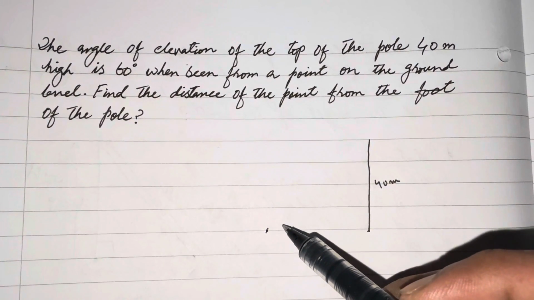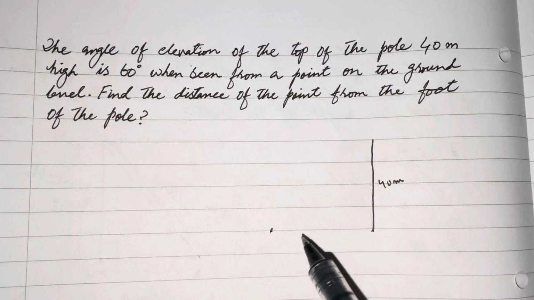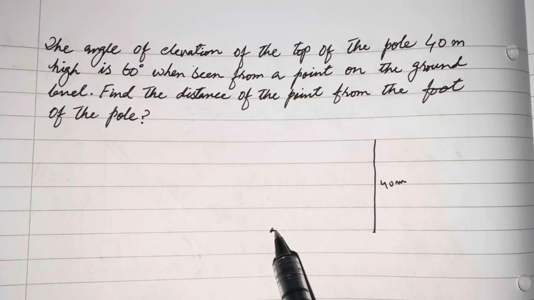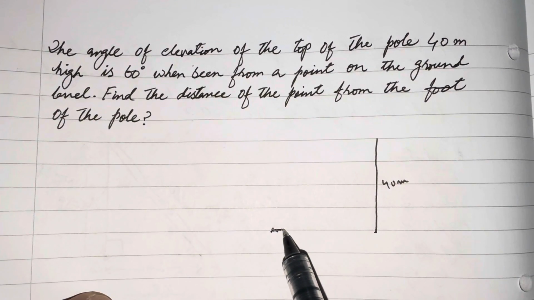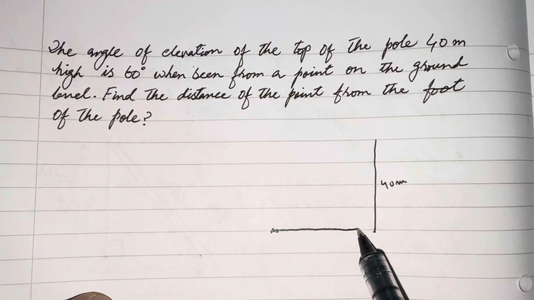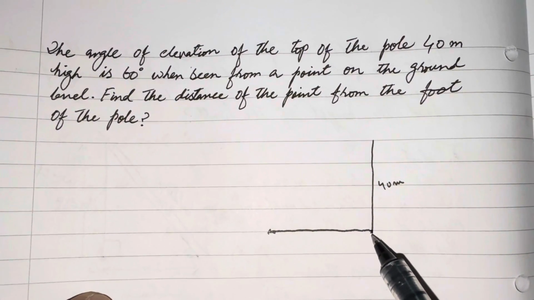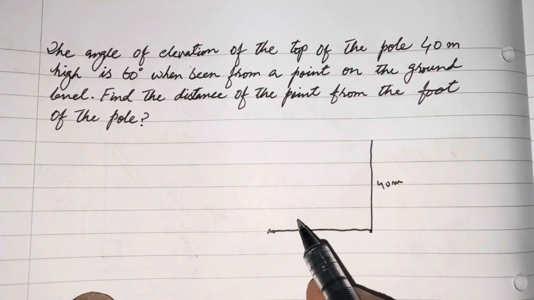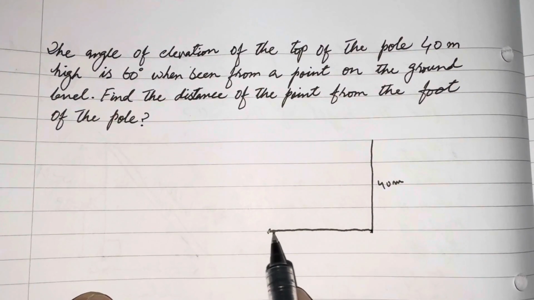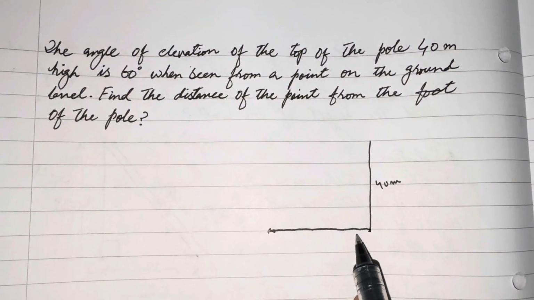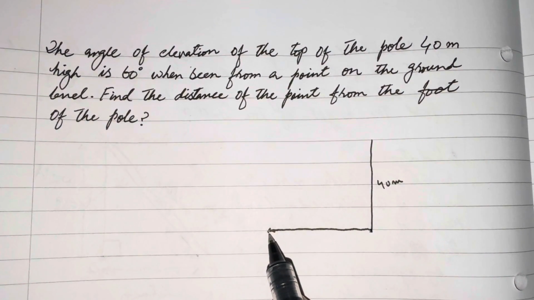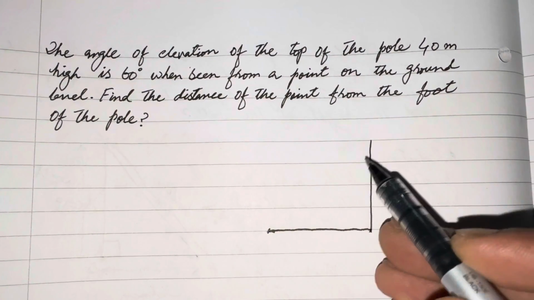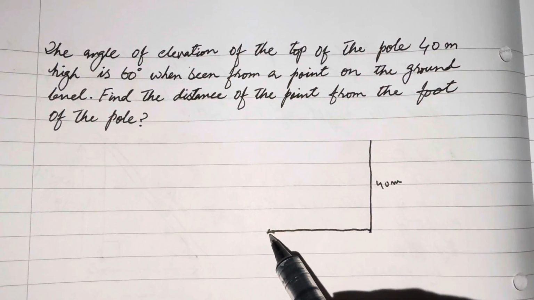So in other words, we can say that the angle between the horizontal line, if we draw a line from this point to this point, or with the bottom of the pole, so the angle of elevation with the horizontal line, this is called the horizontal line, from this point, and the angle making with this point to that point is called the angle of elevation.